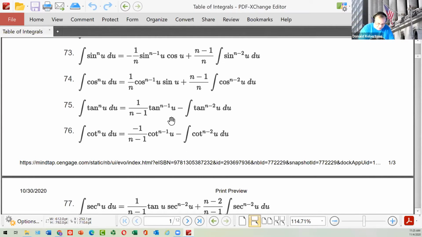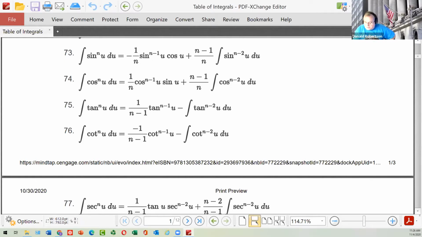Yeah, okay. So if you look at question 74, it's the integral of the nth power of cosine u du, and the answer is 1 over n, the cosine to n minus 1 of u, sine u, plus n minus 1 over n, an integral of cosine to the n minus 2 of u du.